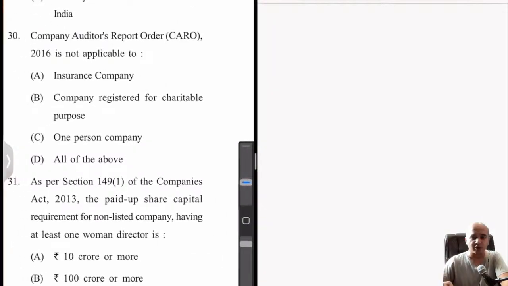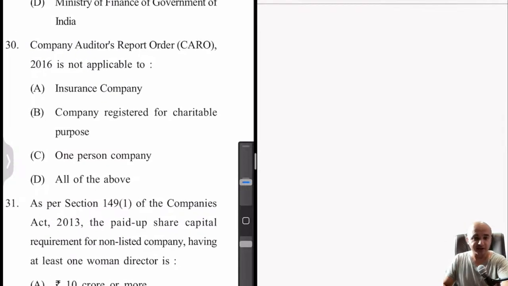Okay, I'm not able to search that, but let me just look at the options here and then try to answer that. So now if you look at this, which are the options which we have here?